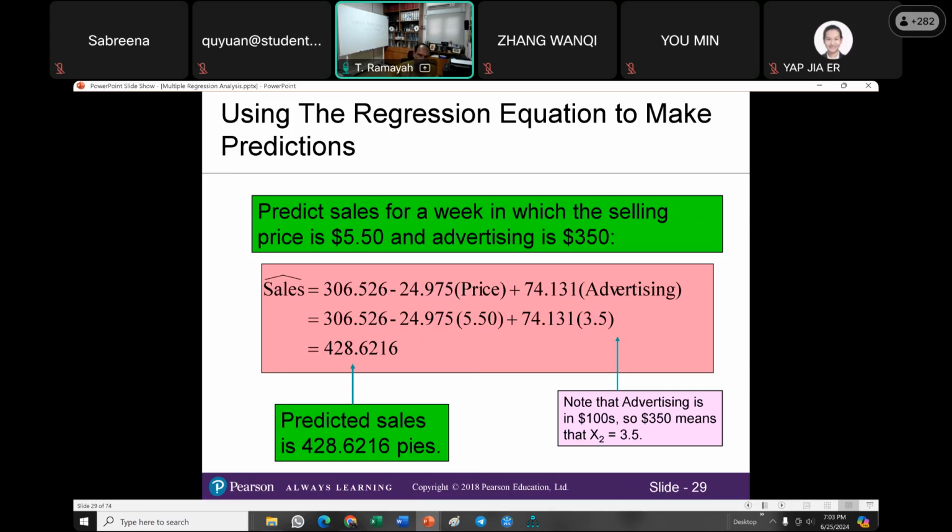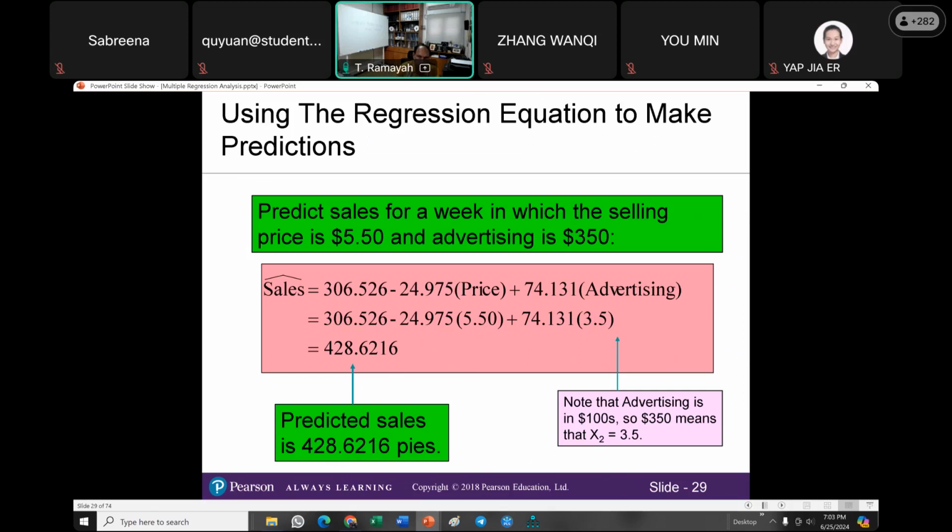So when we calculate this, you get a value of 428.6216 pies, right? But you won't be selling this fraction of pies. So you round it up to 429 pies. Okay, 429 pies.